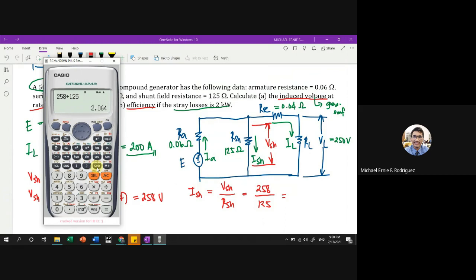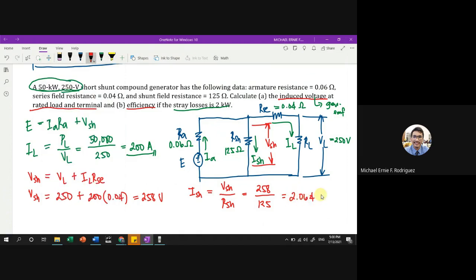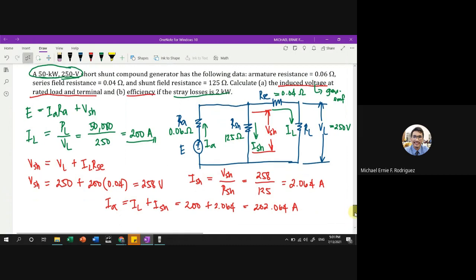So, we have 2.064 amperes. Okay? And then once you get the ISH, we can solve for IA. Sabi natin nakaraan. Yung IA, i-add lang natin yung IL tsaka yung ISH. So we have 200 plus 2.064. Hindi natin i-calculate yan. So we have 202.064 amperes.